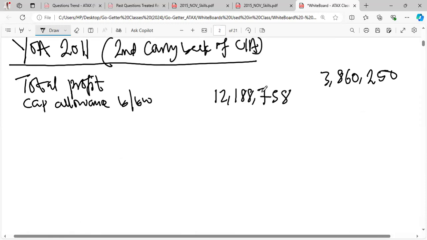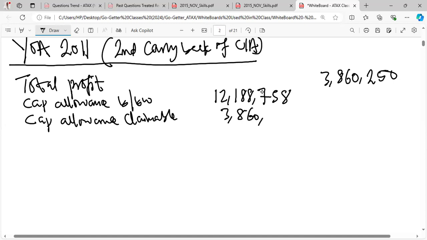So capital allowance claimable. Your capital allowance claimable will be 3,860,250.